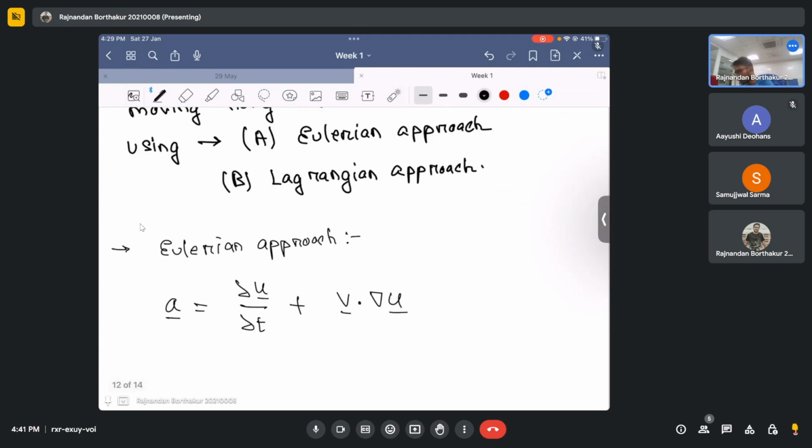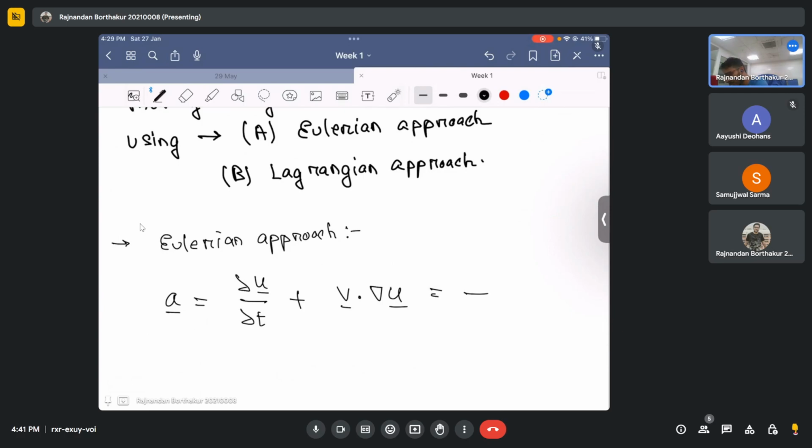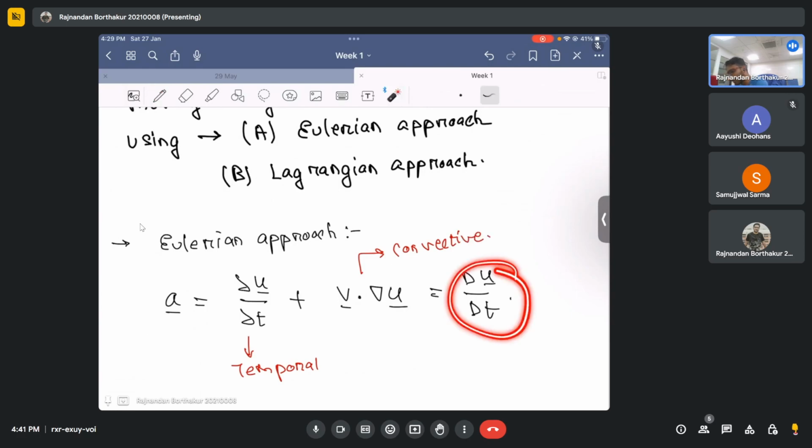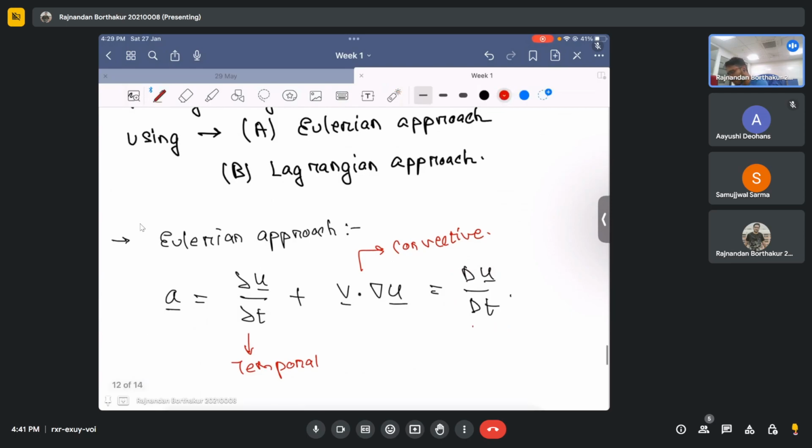This is known as the material derivative, as you know. This is the temporal term, and this is the convective term, and together the temporal term and the convective term are known as the material derivative.